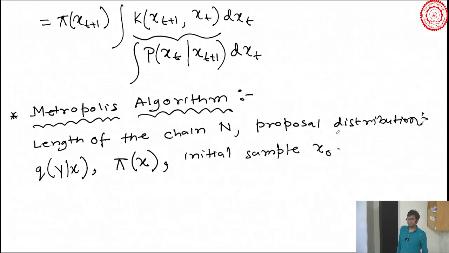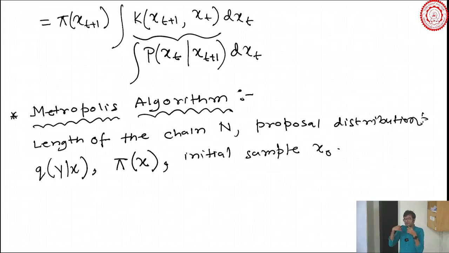Initial sample, basically you can draw it from pi naught. You can assume any pi naught and from there you can sample it. Remember, if you can design a kernel that is pi invariant and irreducible and aperiodic, then it does not matter where you start from. You will converge to the stationary distribution. The only question is whether you will converge in 10 steps, 100 steps or 1000 steps.